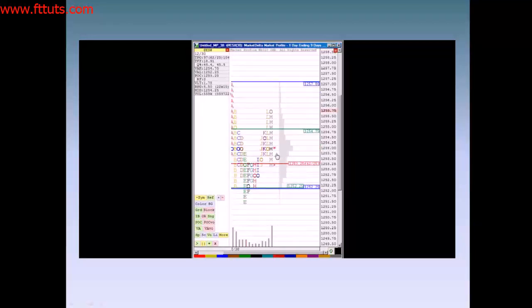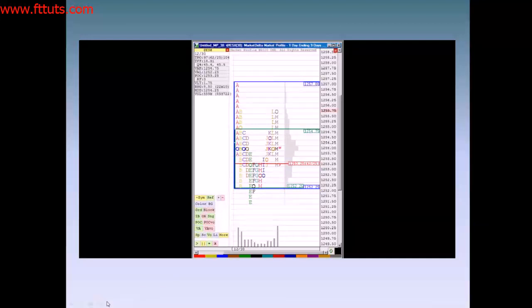And not only that, they continue to drop back to the POC. You will always find that these POCs are very important numbers to keep your eyes on. Price always tends to navigate towards that POC. All right, and that was December 30th.